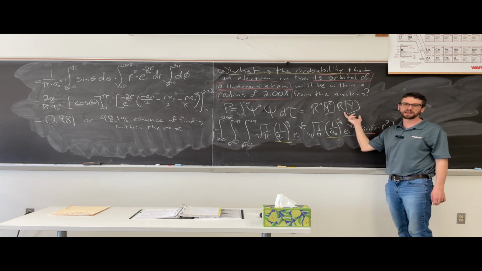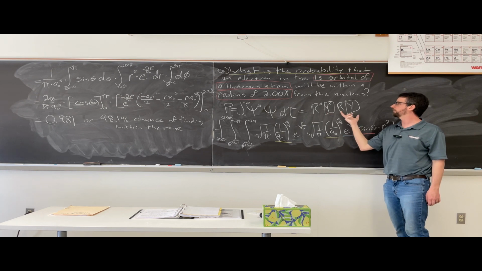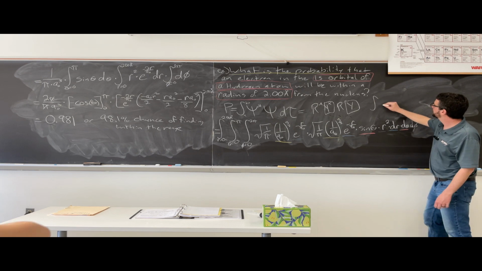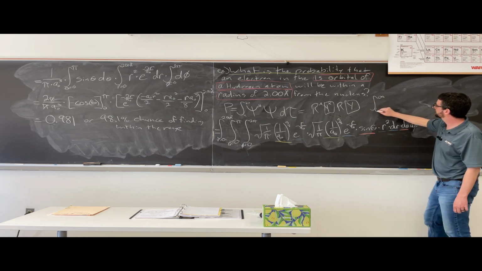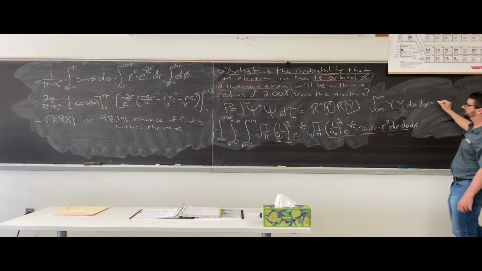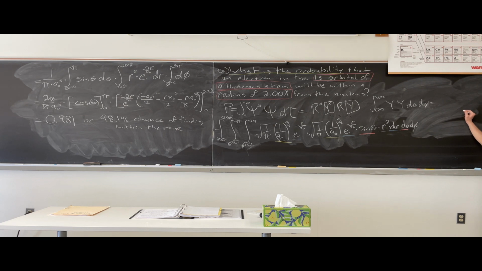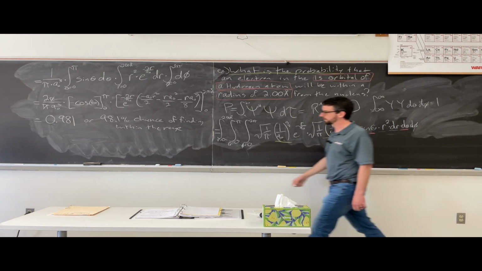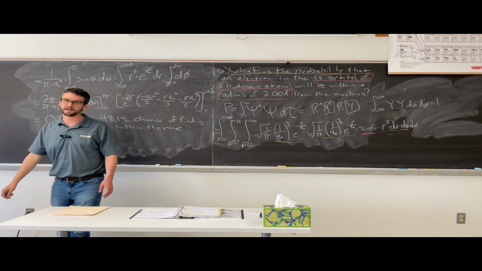We're not changing the angular parts. What do you know about multiplying or taking these two together? So if I had this, what's that equal to? 1. Yeah. Because it's already normalized. So you could use that as a trick too.